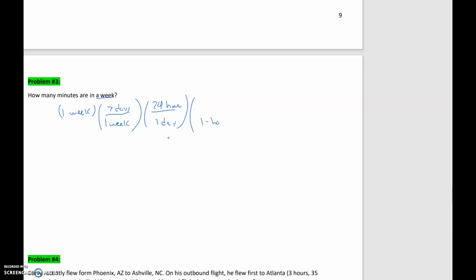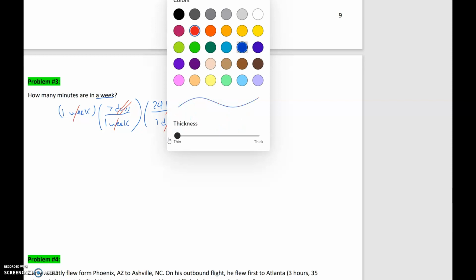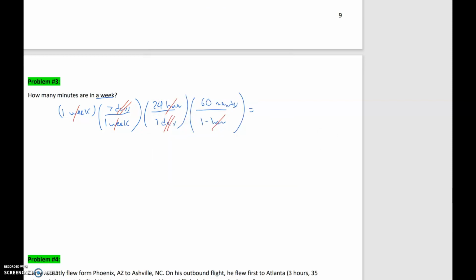And in 1 hour, you have 60 minutes. So before we multiply all of those, let's make sure that every unit cancels. Weeks cancel, days cancel, hours cancel, and we are left with the values of 1 times 7 times 24 times 60, and this will be minutes.